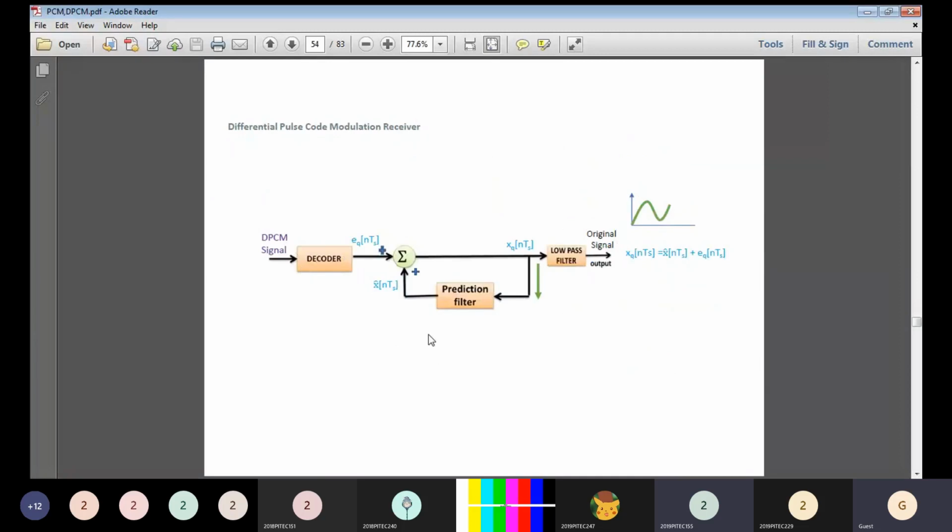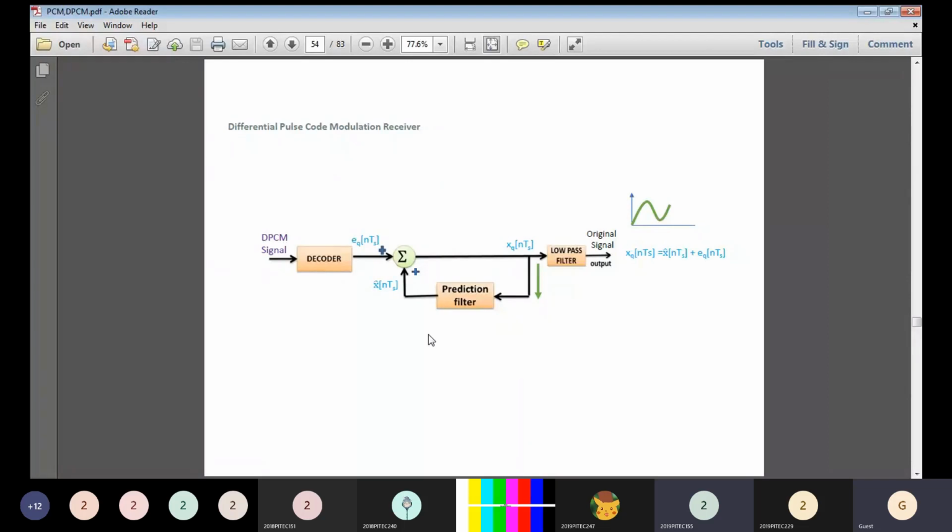Then the differential pulse code modulation receiver will have a DPCM signal. That signal is decoded, and with the help of the decoder we get the decoded pulses eq of nTs. Then that eq of nTs is added with x cap of nTs, so we get xq of nTs.